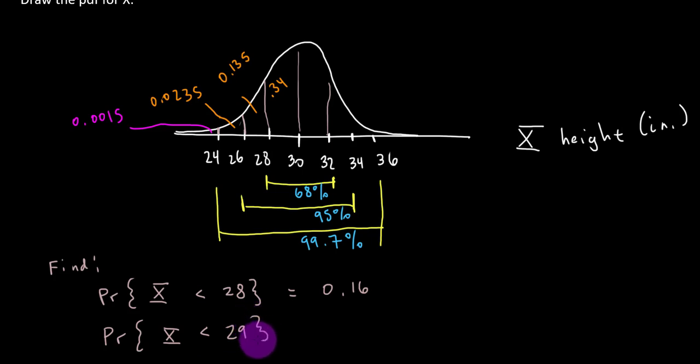Now, what if, though, I asked, what is the probability that our random variable is less than 29 inches? Well, 29 inches, okay, that's not an exact number of standard deviations away from the mean. And so figuring that out without some new tools is going to be kind of challenging.